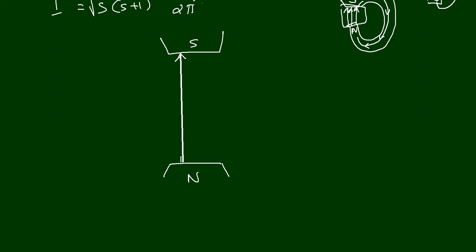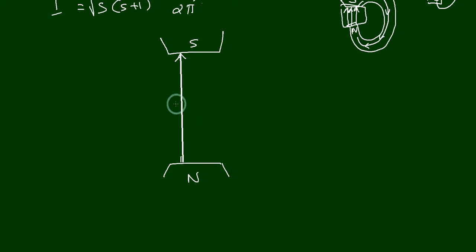The direction is so chosen that we are going to adopt a quantum mechanical restriction, and this quantum mechanical rule says that the direction of the spin angular momentum in a reference direction will be a half integral multiple of h divided by 2 pi.